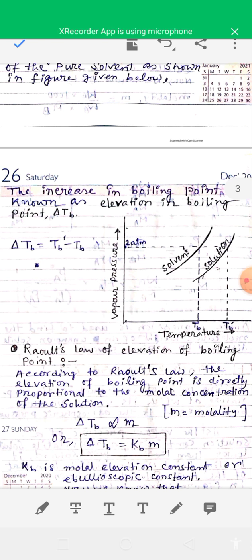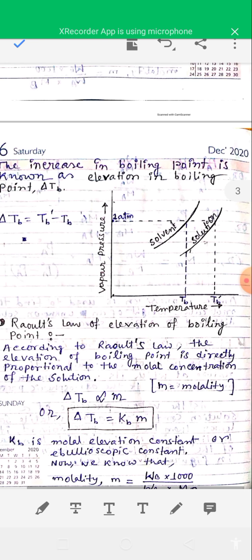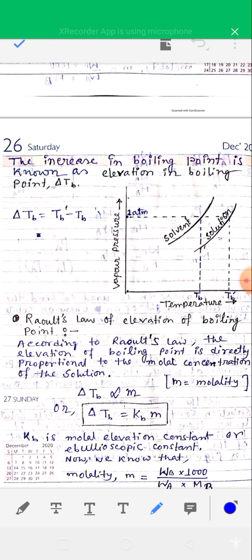Okay, and there is Raoult's law related to elevation of boiling point. According to Raoult's law of elevation of boiling point, the elevation of boiling point is directly proportional to the molar concentration of the solution.